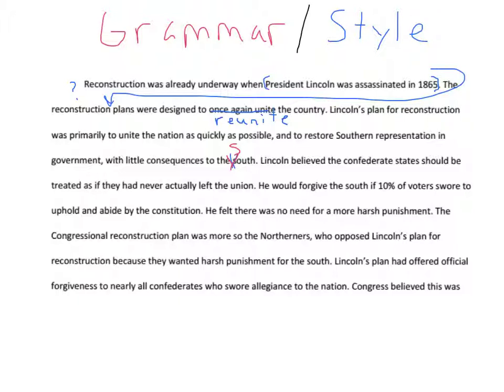Lincoln believed the Confederate States should be treated as if they had never actually left the Union. Grammar. Capitalization. He would forgive the South if 10% of voters swore to uphold and abide by the Constitution. He felt there was no need for a more harsh, we could call that harsher, punishment.